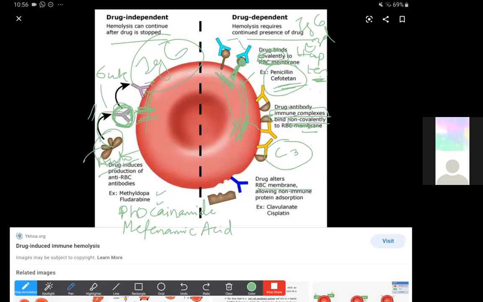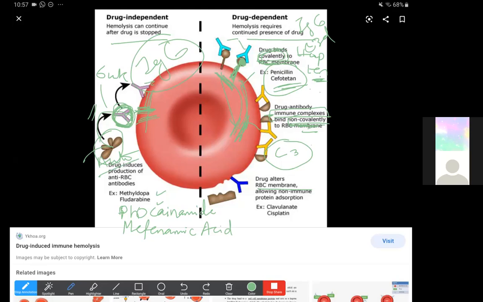And the eluate would be non-reactive, because it is non-covalently bound to the RBC membrane, so it would be eluted off. So the eluate would be non-reactive, and only the serum reaction would show a reaction, only in the presence of the drug.